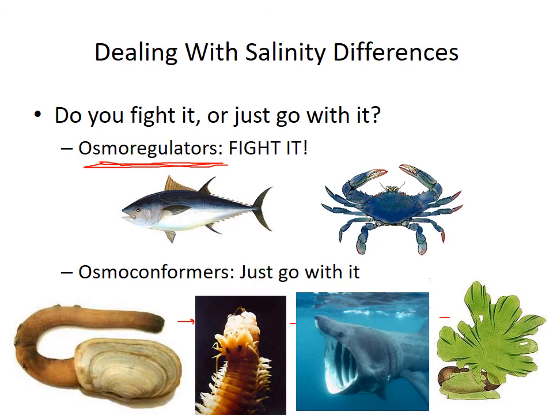So a lot of invertebrates are osmoconformers. A lot of algae, like this sea lettuce Ulva, are osmoconformers, but there are some vertebrates, like some sharks, that are osmoconformers, meaning that they have the same osmotic pressure due to salts and other dissolved ions in their bodies as there is outside of them.